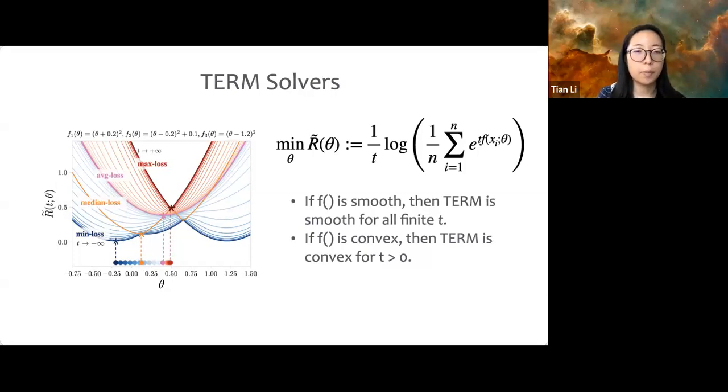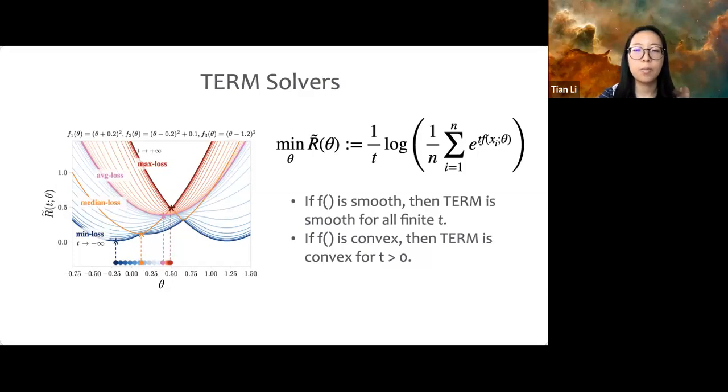I also talked about various properties of the TERM objectives to help us better understand the influence of the t hyperparameter and also how TERM connects with other previous risks, such as distributionally robust optimization and conditional value at risk, CVaR. Another type of question we want to ask is how do we solve TERM efficiently? Next, I will talk about that.